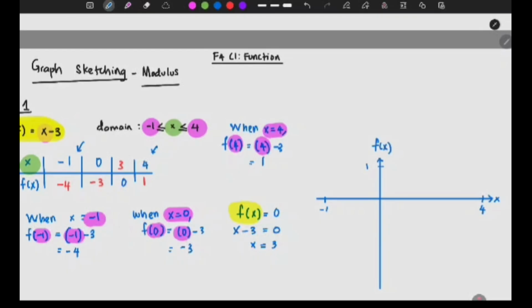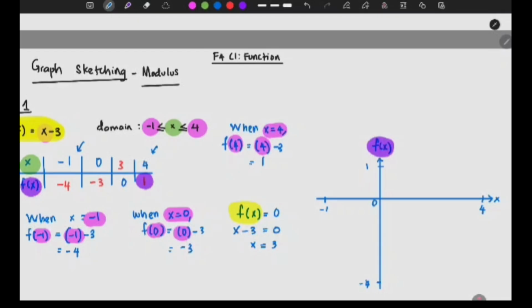And the minimum in your f(x) is the negative, the lowest number. So that will be the last one here. And here will be 0, the origin.